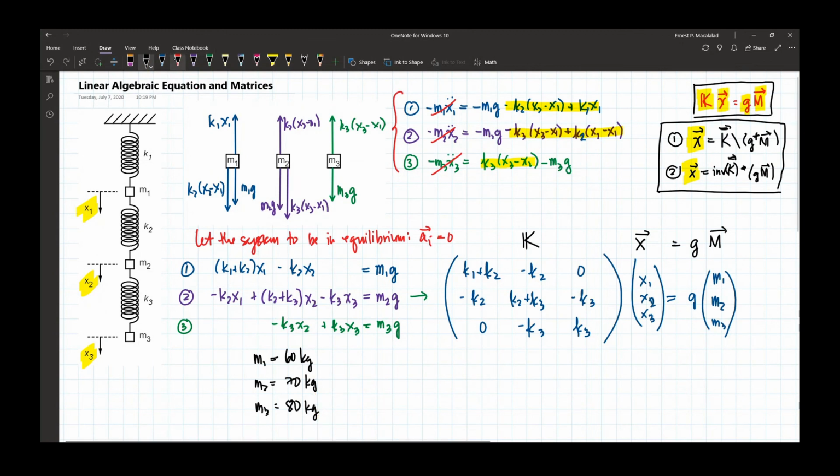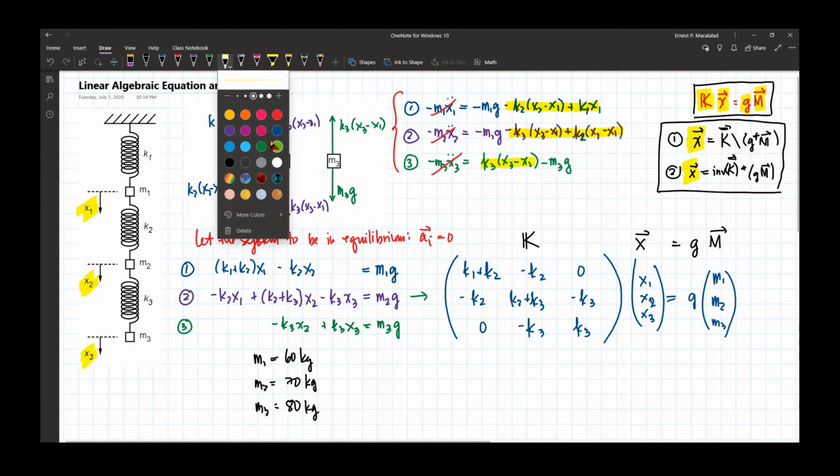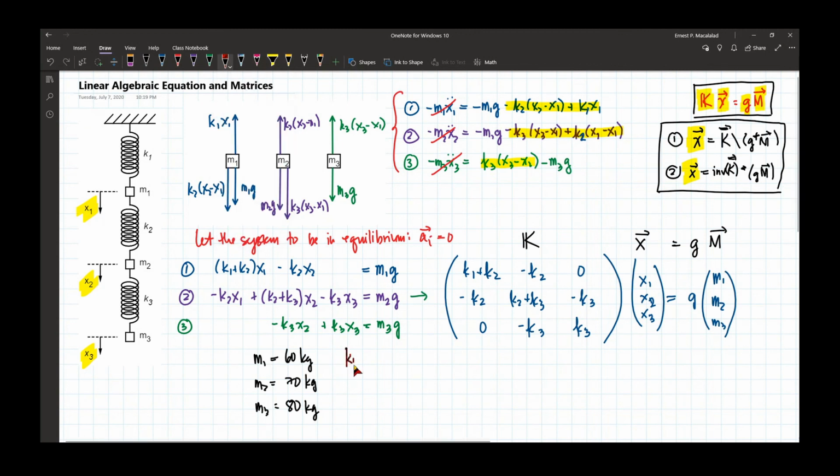And then let's say k1 is 50 Newton per meter. k2 is 100 Newton per meter. And k3 is 50 Newton per meter.